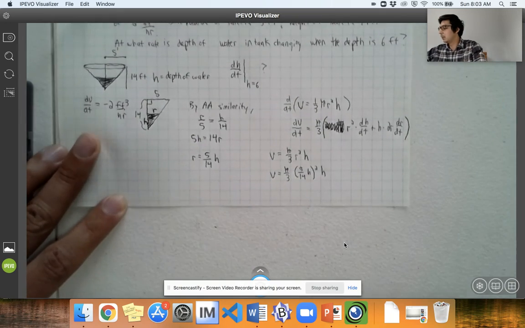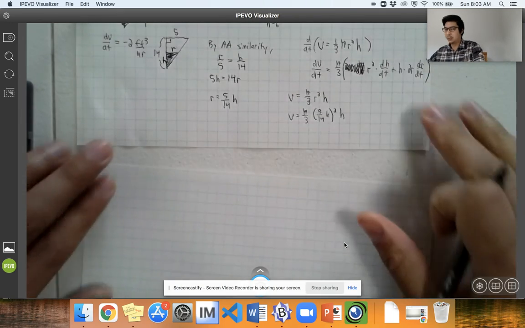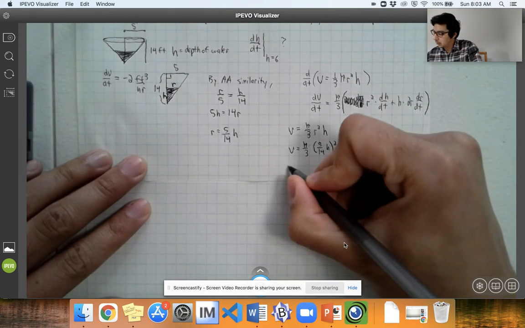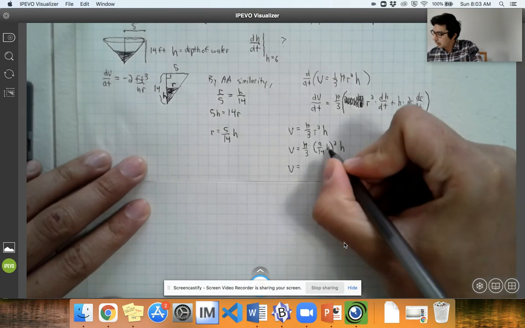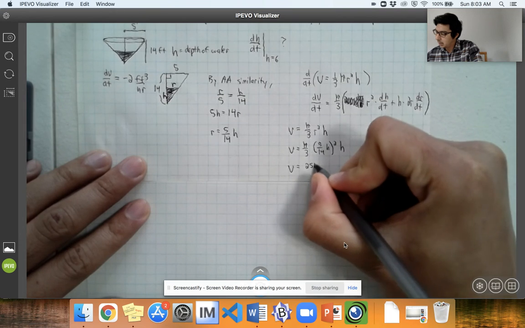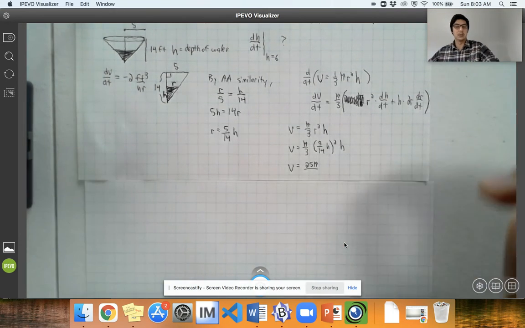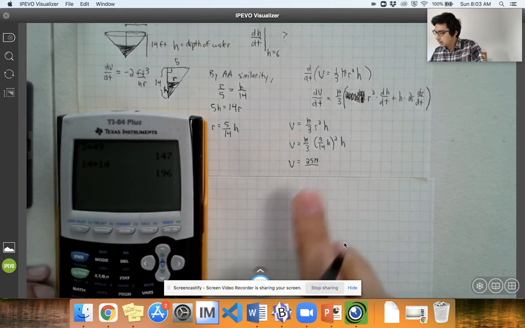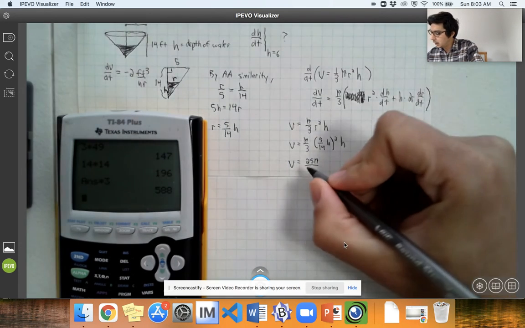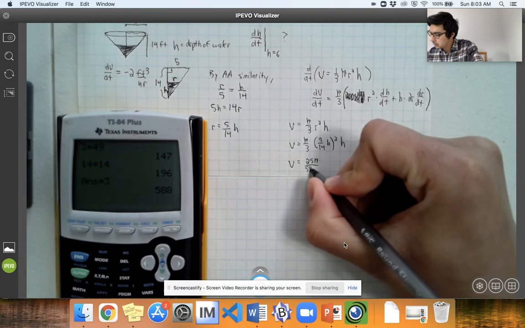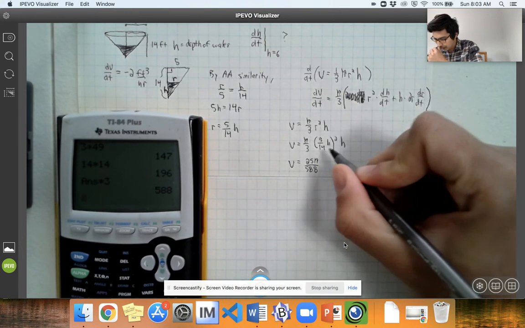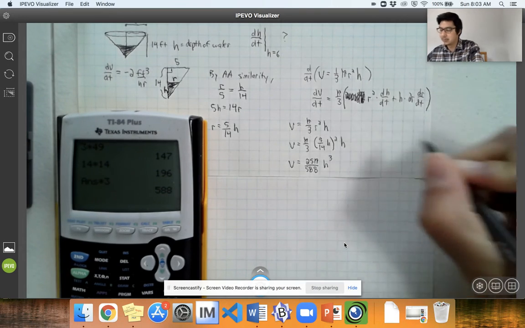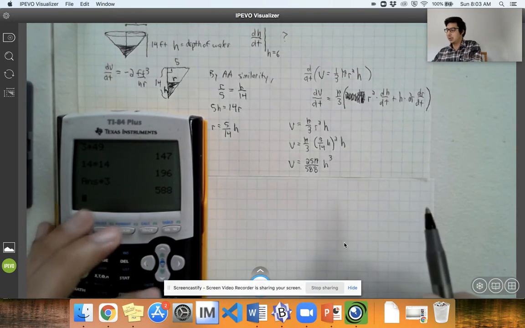And then what you end up getting there, I might need another piece of paper so I don't get too tight on my work, is the volume is equal to 25 pi over, I don't know what 14 times 14 is. Let me do that. 14 times 14 times 3 is 588. So 25 pi over 588 h to the third, because the h here and the h would make h to the third.